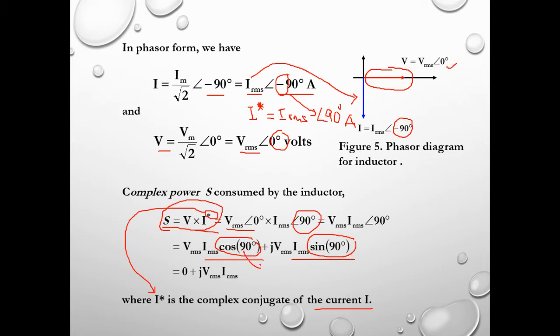Cos 90 degrees equals 0, so multiplied by V RMS I RMS it gives absolutely zero. But sin 90 equals 1, multiplied by V RMS I RMS, so you still get the V RMS I RMS value in the imaginary part, j.